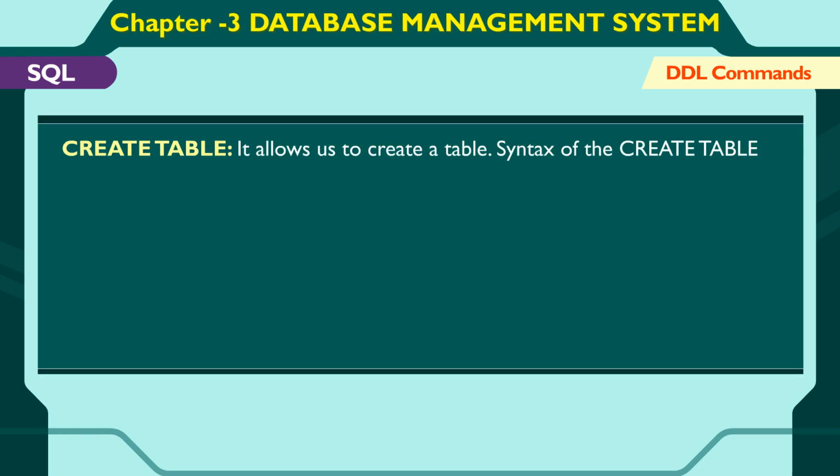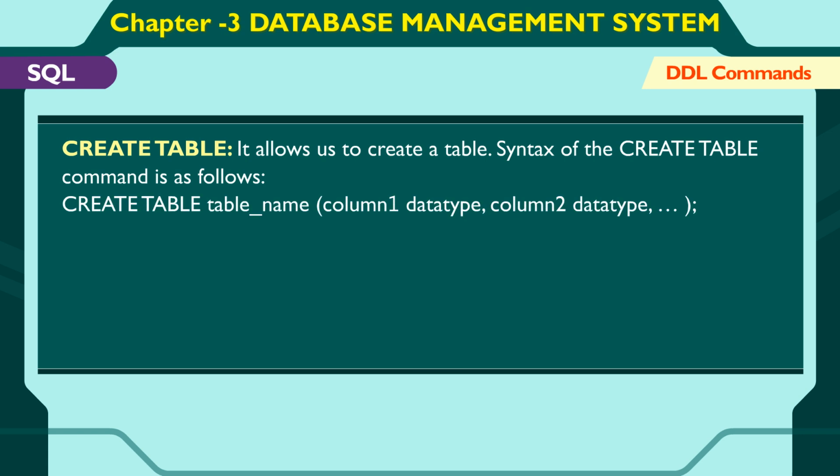Create table. It allows us to create a table. Syntax of the create table command is as follows. Create table, table underscore name, column 1, data type, comma, column 2, data type, comma.